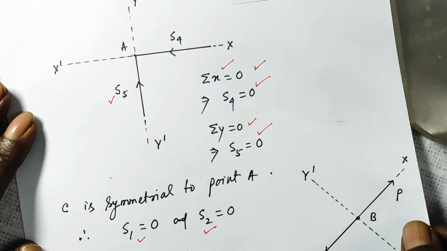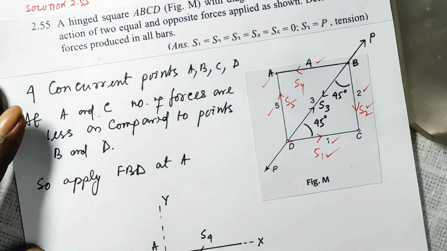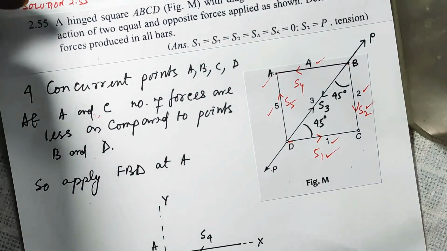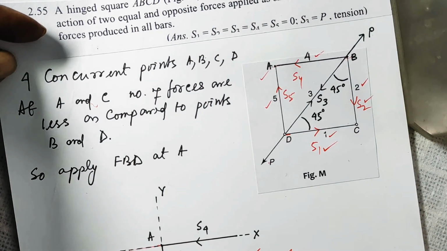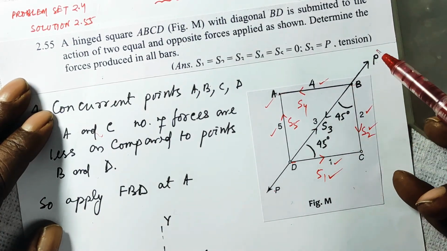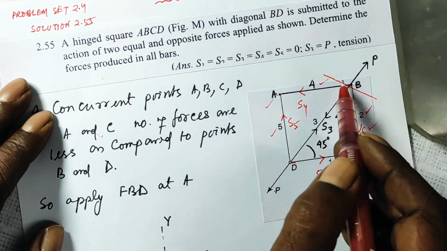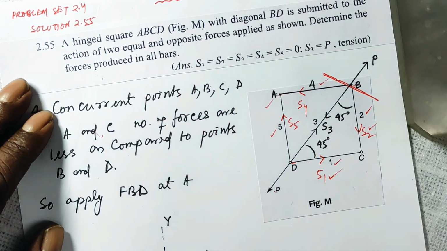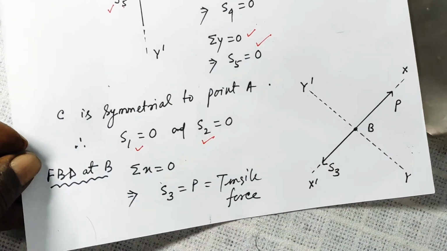Now let us apply the free body diagram at point B. Now I have drawn the free body diagram, and this is how I have taken the axes. This line as x-axis, and I draw a line like this passing through point B as y-axis. So that is what I have shown here.